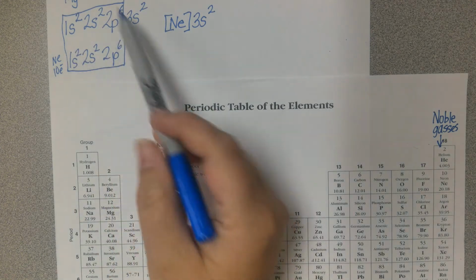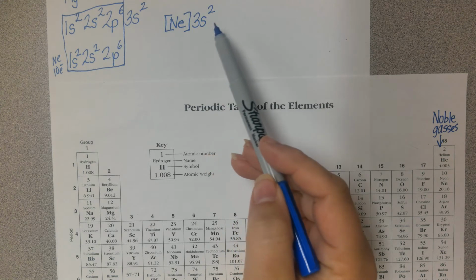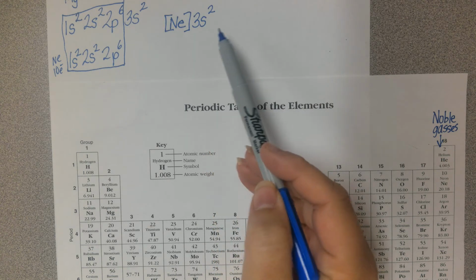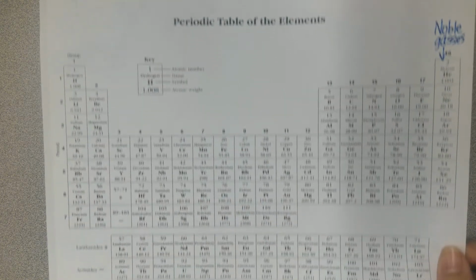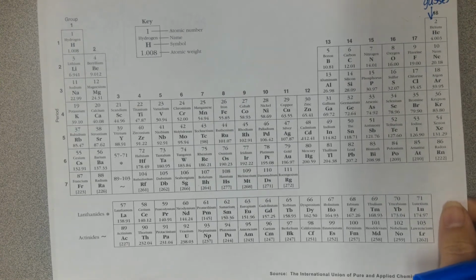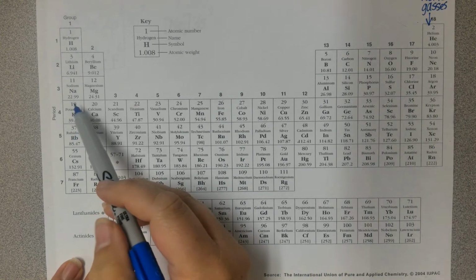So, obviously we don't want to have to write all this out every time. So we can figure out, using the periodic table, how to do a shorthand configuration for any element. So here's what we're going to do. Let's say that we want to write the shorthand configuration for potassium.